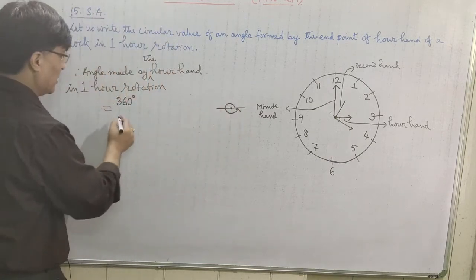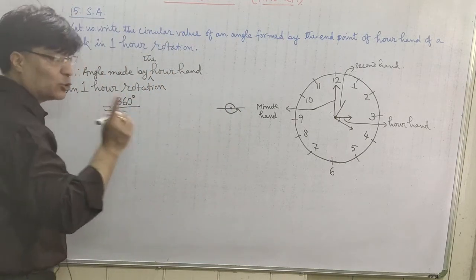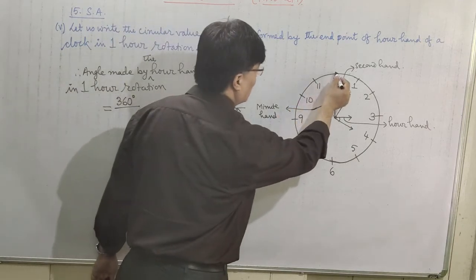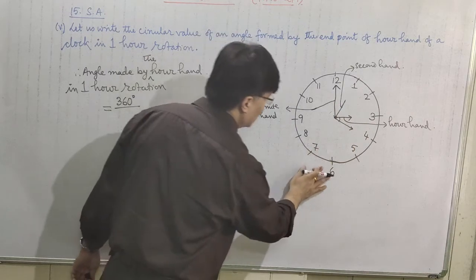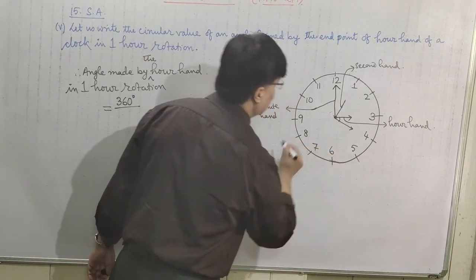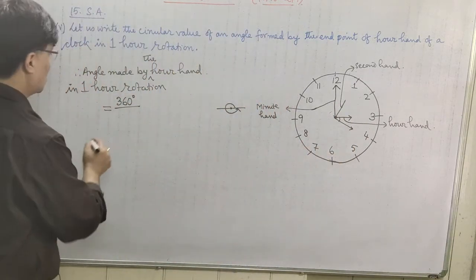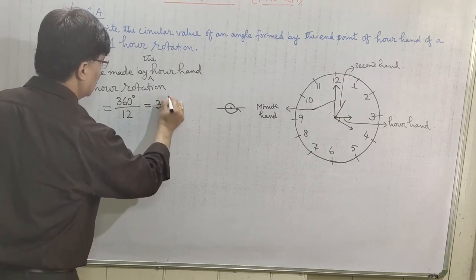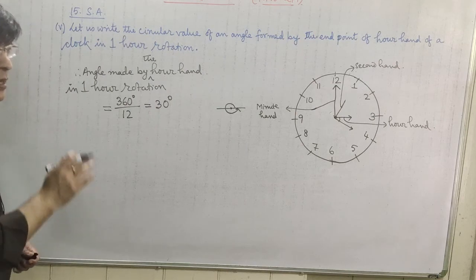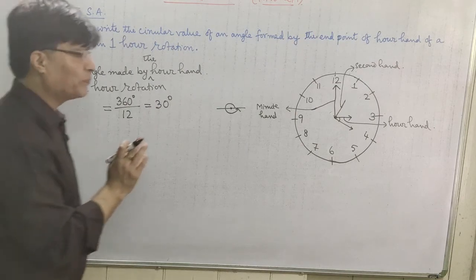It is 360 degrees. So these 360 degrees should be divided by what? The circumference of the clock is divided into 12 equal parts, isn't it? So it should be divided by 12, which is equal to 30 degrees in 1 hour rotation.